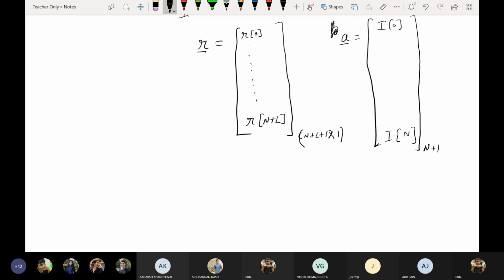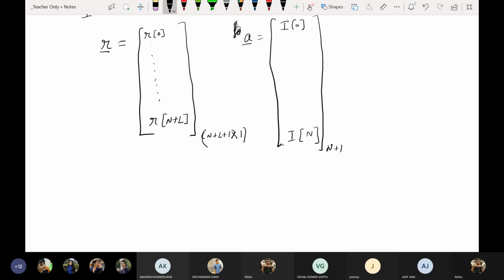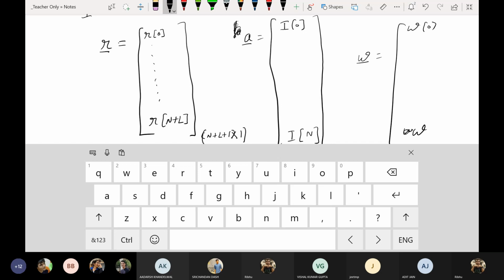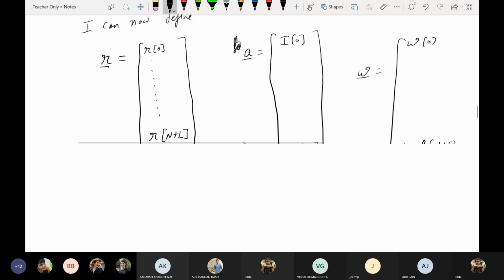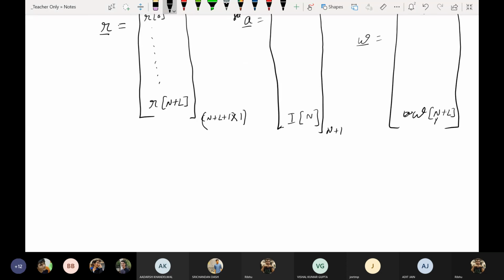N plus 1. I could have as well defined these indices as minus 1, but that's cumbersome. Fine.